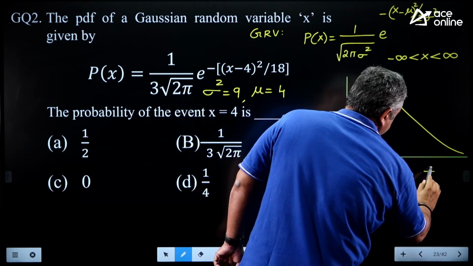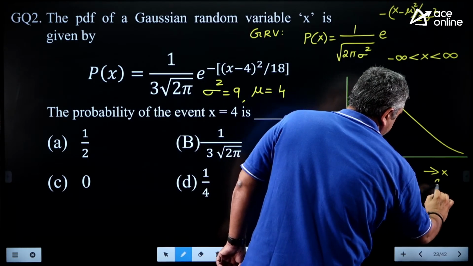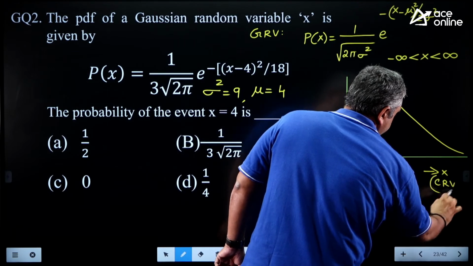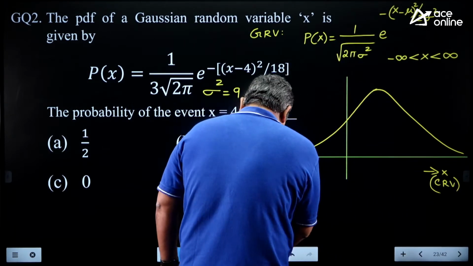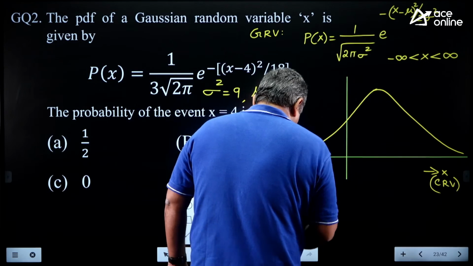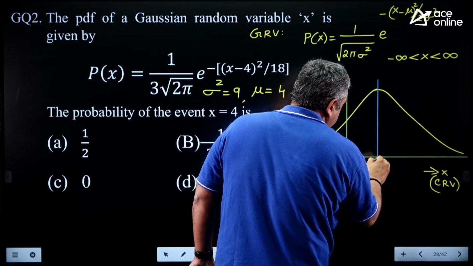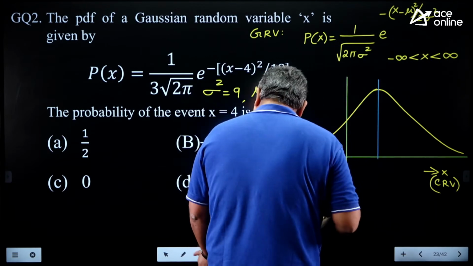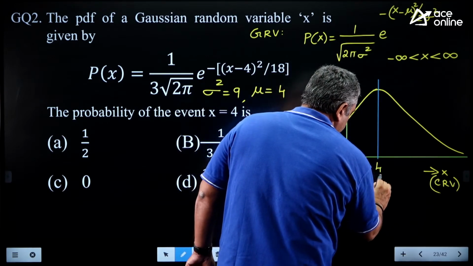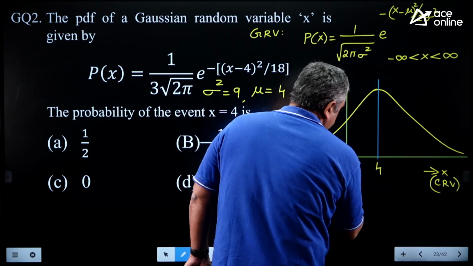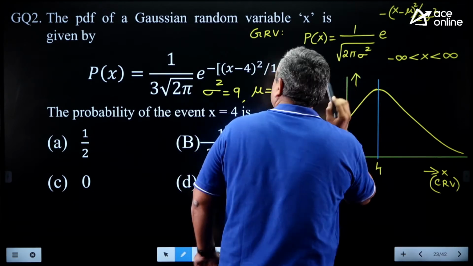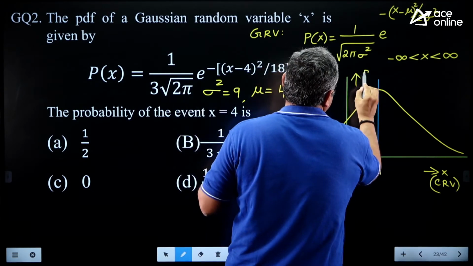So, x-axis is your random variable x, which is a continuous random variable, taking any value from minus infinite to infinite, and this midpoint is symmetrical about the mean. So, this is your mean, which is 4. So, let us assume this point is 0. This is the data that he has provided to you.